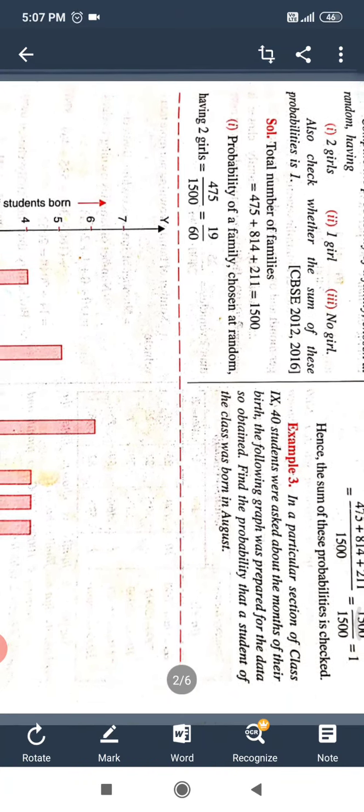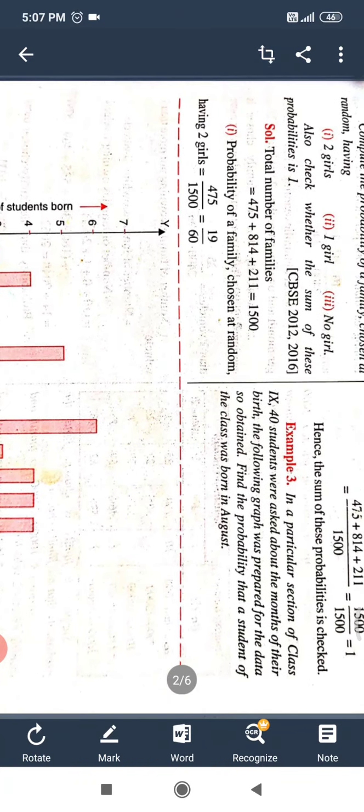In a particular section of class 9, 40 students were asked about the month of their birth. The following graph was prepared for the data so obtained. Find the probability that a student of the class was born in August.